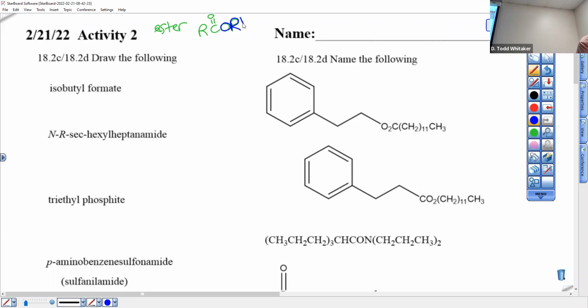You've got to know this part comes from alcohol, and this part comes from carboxylic acid. And the name always ends with -ate.